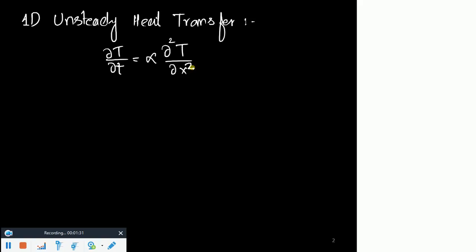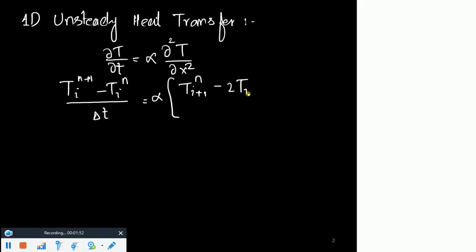So that was the equation, and we came up with something: T_i^(n+1) minus T_i^n over delta t, and then you have alpha, and then you have T_(i+1)^n minus 2 T_i^n plus T_(i-1)^n over del x square.